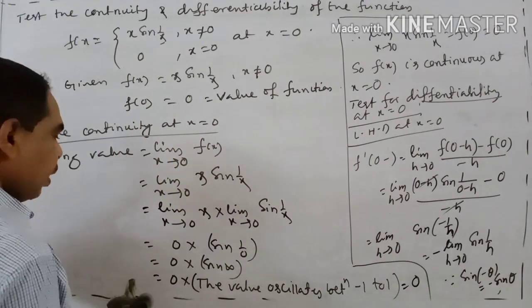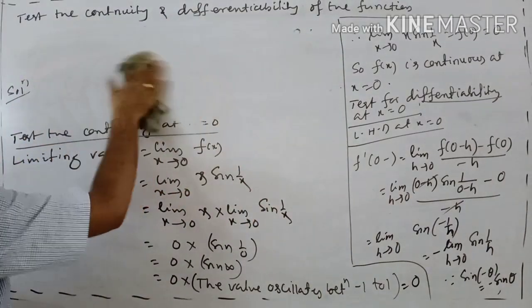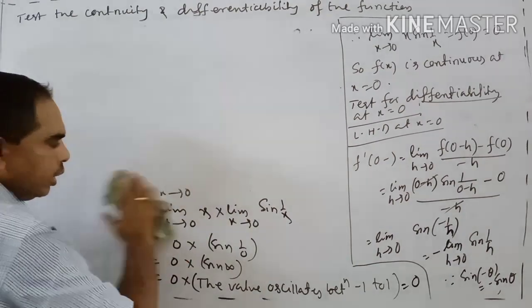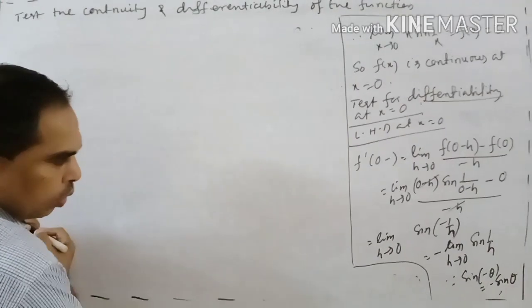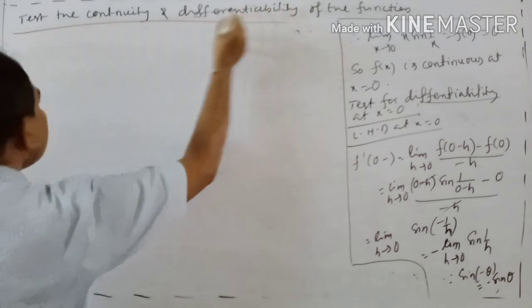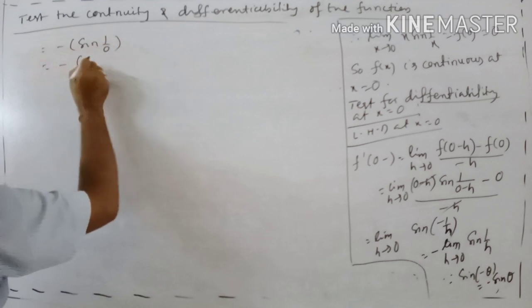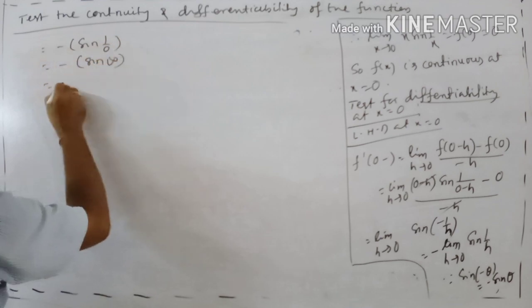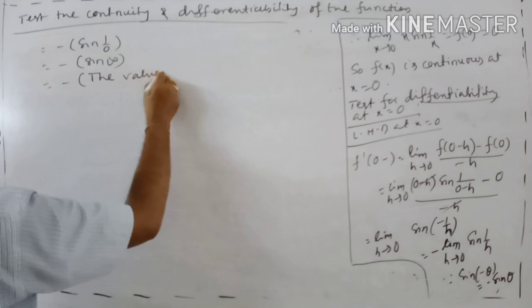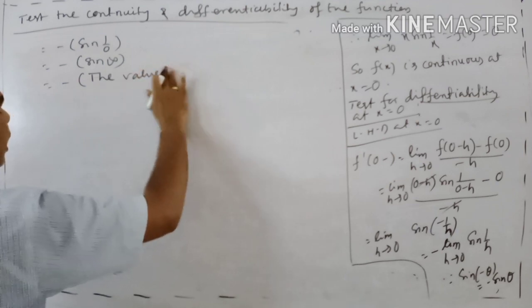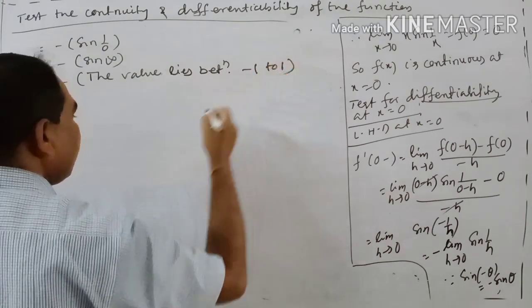So it is equal to minus sin 1 by 0, which is minus sin infinity, and the value lies between minus 1 to plus 1.